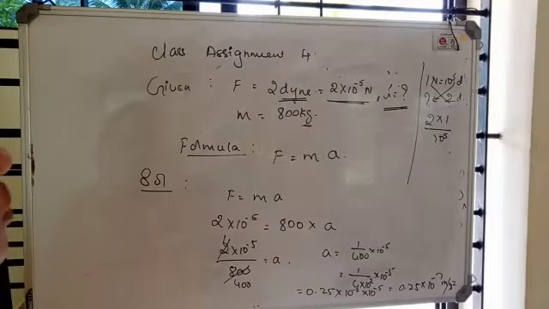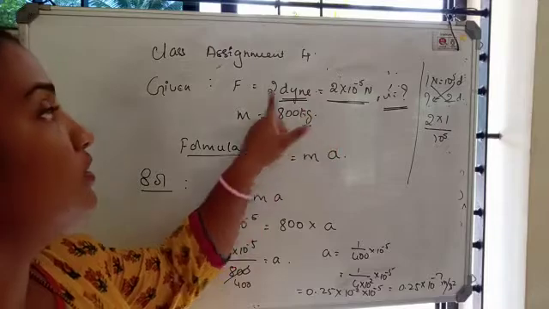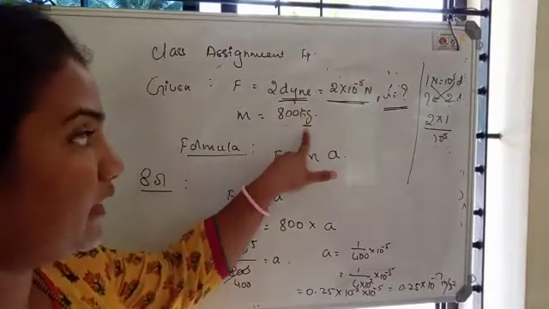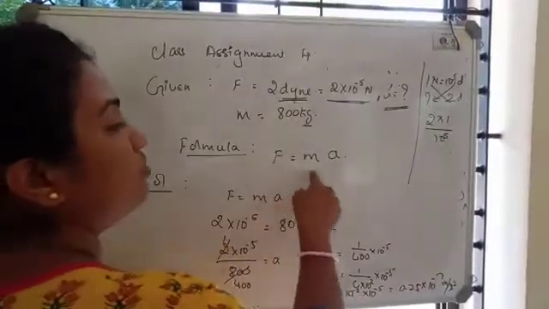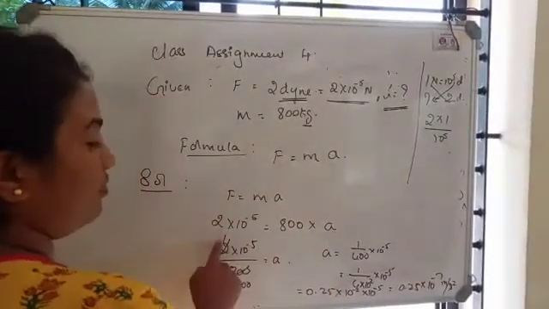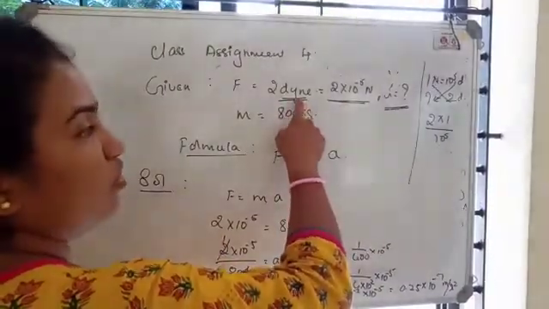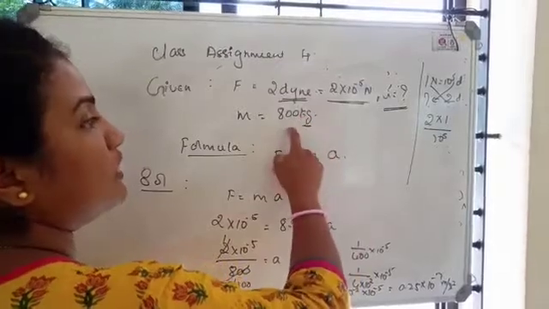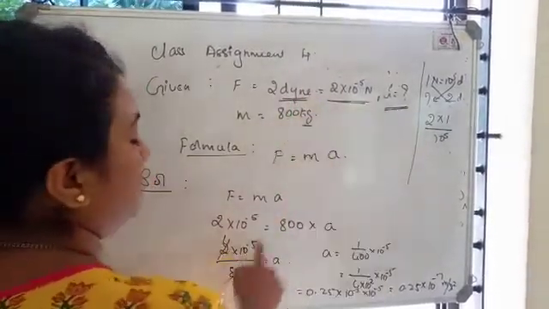Let me go through this again. Given 2 dyne of force and a mass of 800 kg, you have to find the acceleration. The formula we are using is F is equal to ma. First we convert the unit which is smaller to the bigger unit, because mass is in the bigger unit.